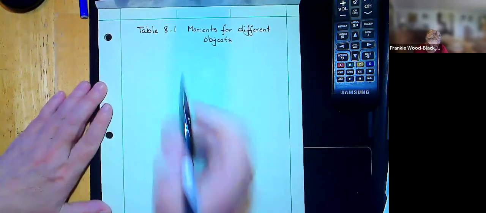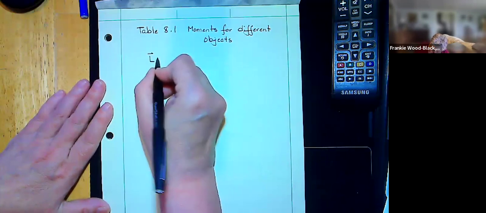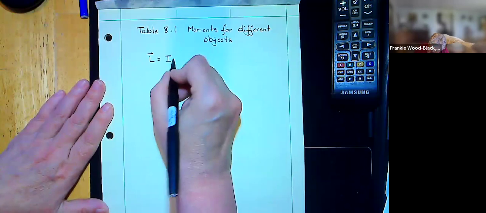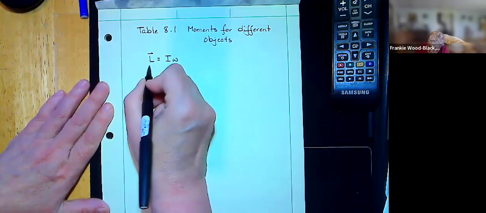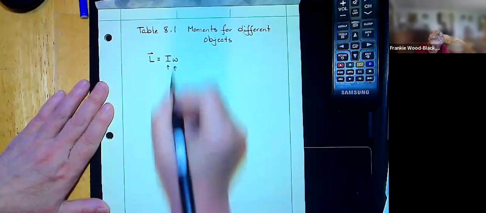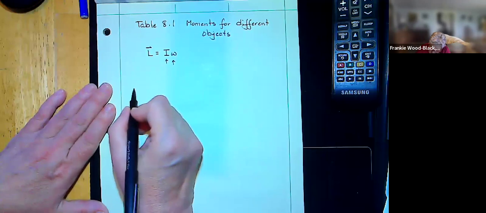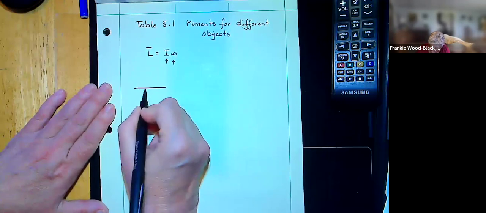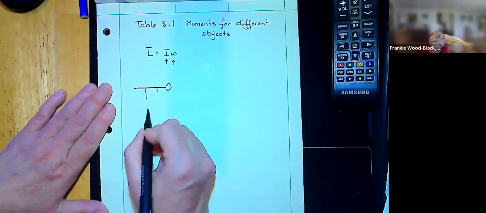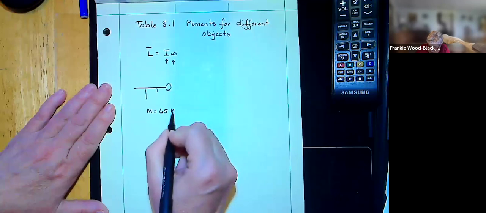Now, we defined very early on that angular momentum is defined as the moment of inertia times my angular velocity. This is our ice skater problem. If I have an ice skater, the mass of my ice skater is going to be 65 kilograms.